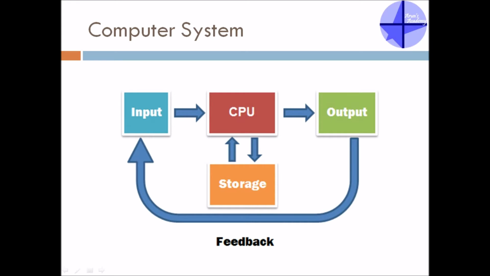There are again different types of storage devices or storages which are there in a computer system, which we will discuss further. Okay, and regularly as is there in any system, there is a feedback which goes from output to input. If you are the user of the computer system, based on the output it is giving, you will do the necessary changes to the input based on the feedback.